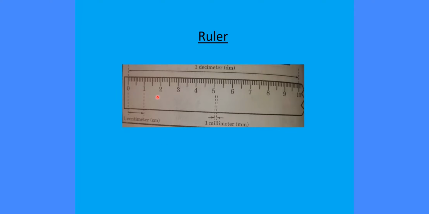Then the basic instrument to measure small objects, or even to convert small units, is the ruler. Based on the illustration, 10 millimeters is equal to 1 cm. The small grid lines here are the millimeters, and the next big line is what we call the centimeter.